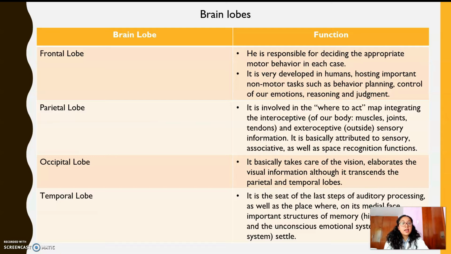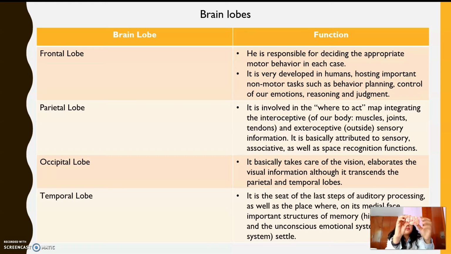Each lobe has a specific function because each one has a specific cerebral cortex. So basically, the frontal lobe helps with behavior, planning, controlling our emotions, reason, and judgment. Then we have the parietal lobe, which helps basically with sensory association as well as space recognition functions.